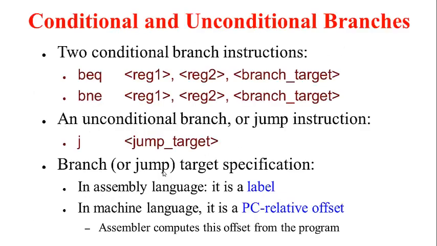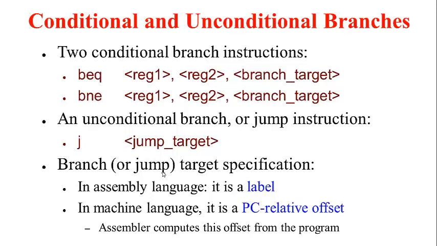So we are now going to see how MIPS instruction set is going to support these higher level language programming constructs. The simplest of branch instructions are these 3 instructions, 2 of which are conditional branches and 1 unconditional branch. The 2 conditional branch instructions are BEQ and BNE, which stand for branch if equal and branch if not equal. In the BEQ instruction, 2 register operands are given, their values are compared, and if the values are equal, the branch is taken.